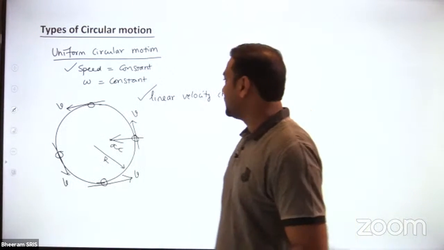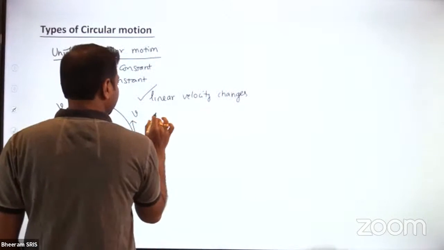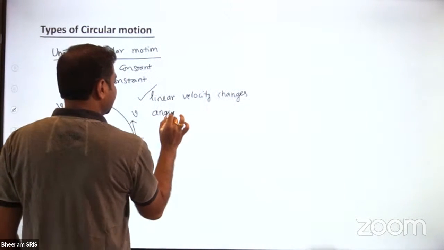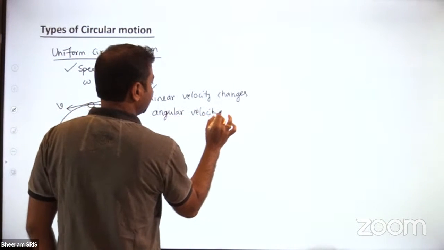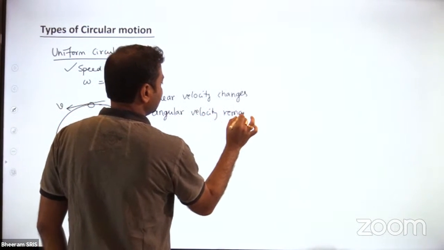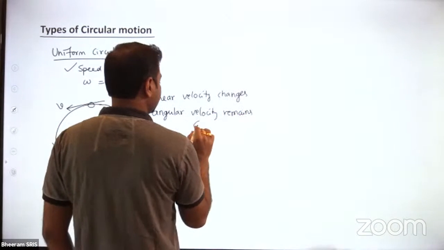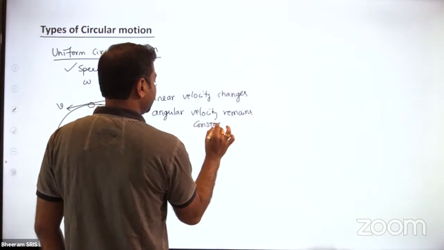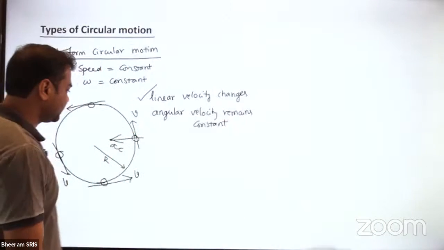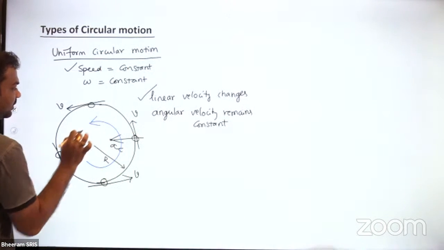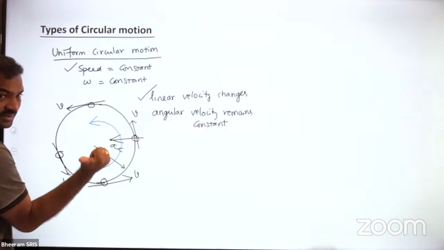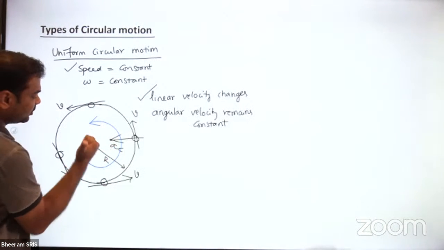So linear velocity changes, but what about the angular velocity? Angular velocity remains constant. Angular speed is constant, and even angular velocity is constant. Why? Because the particle is rotating in the anti-clockwise sense, so the angular velocity direction is out of the board.